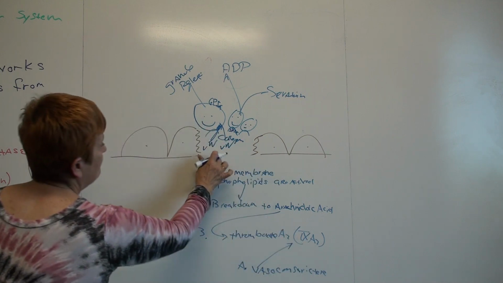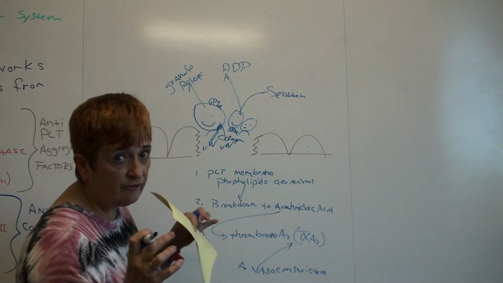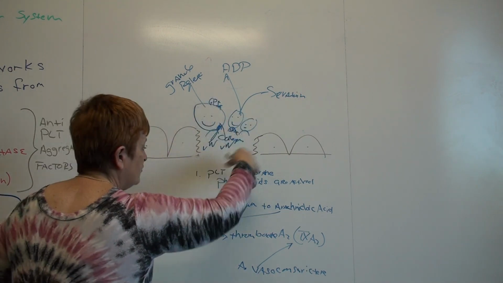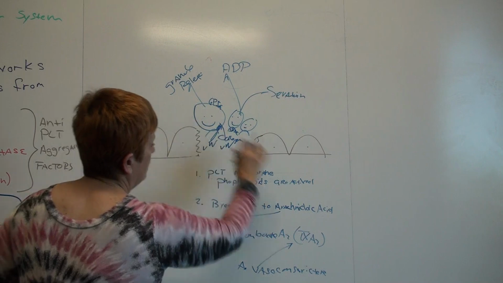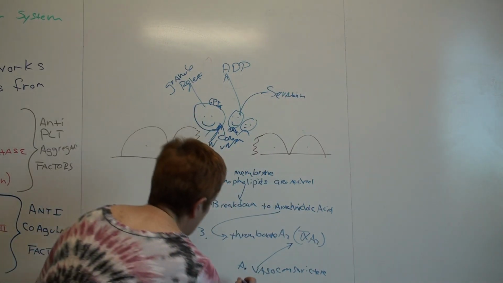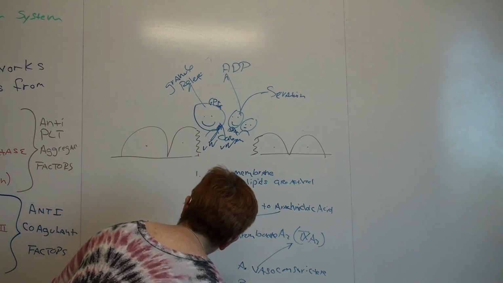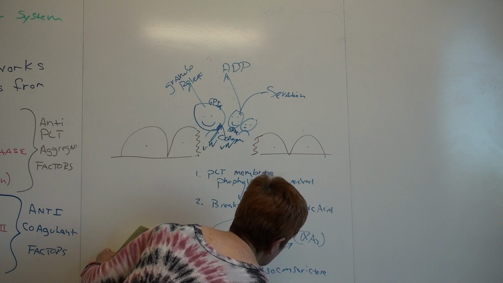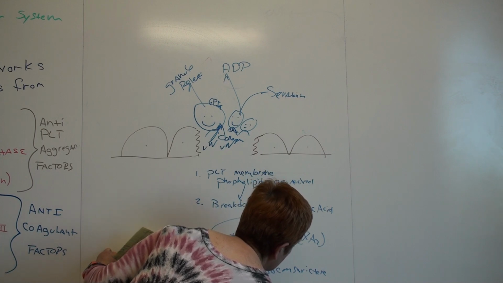Remember, I have this hole, so what's going to happen? I need vasoconstriction. My platelets are activated, the phospholipids are breaking down, and it makes thromboxane A2, which helps with vasoconstriction and also helps with platelet aggregation. So it's a platelet aggregator.